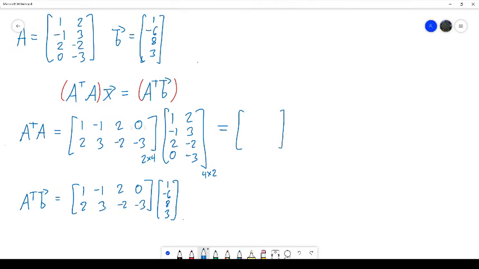So first we're going to have 1, let's see, 1 plus 1 plus 4 there is going to make 6. And then we'll have, let's see, this row in this column is going to be 2, minus 3 is negative 1, minus 4 is negative 5 there.